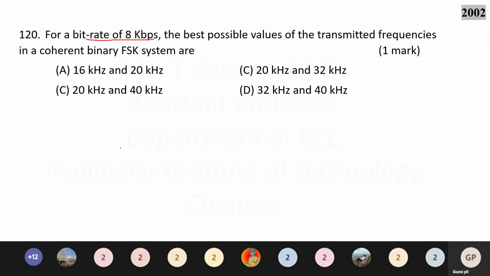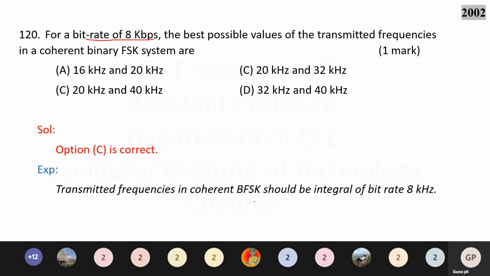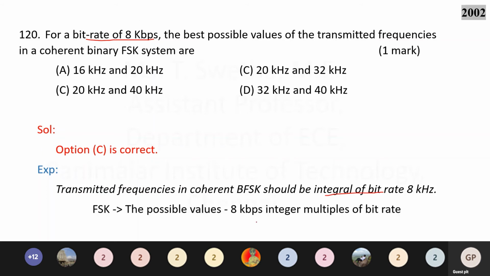An important point you should remember: for all BFSK and all digital modulation, the frequency should be an integral multiple of the bit rate. Here, the transmitter frequency in coherent BFSK should be an integral multiple of 8 kbps, which means 8 kilohertz.